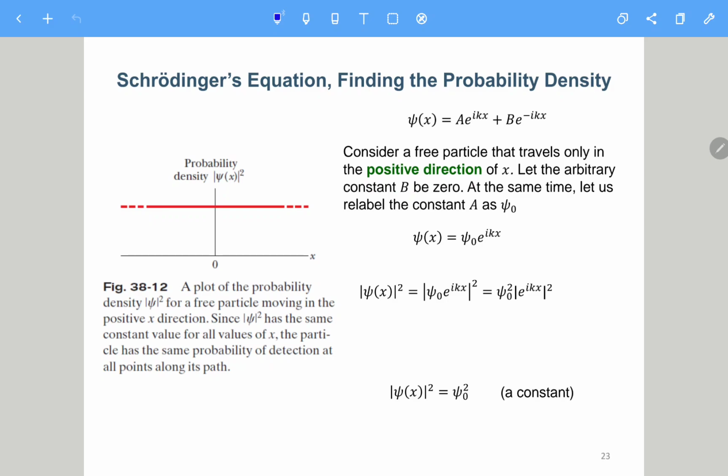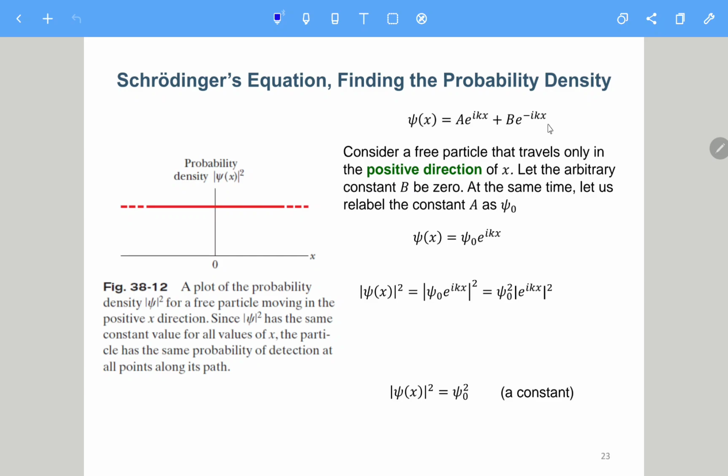Okay, so we have mentioned that actually the wave function doesn't really have physical meaning, and so far the only physical meaning we know is the probability density function. Then we need to take the absolute value of the wave function and then take the square.